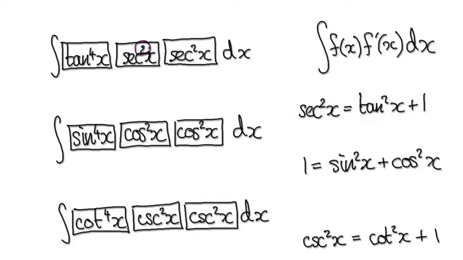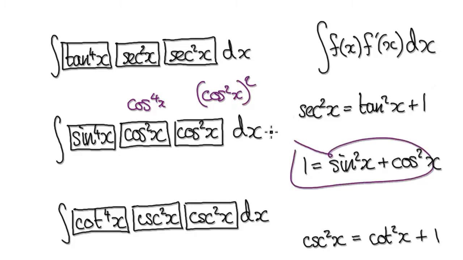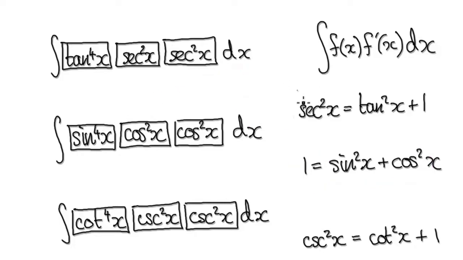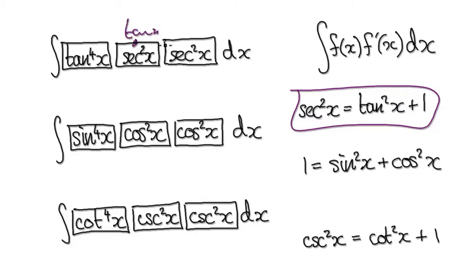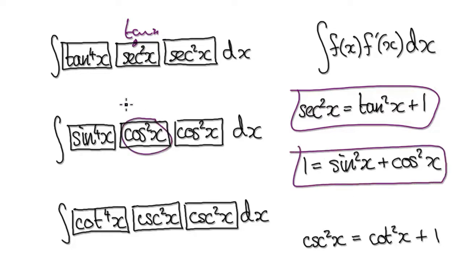So even if you have cos to the power of 4, you can rewrite it as cos squared x, all squared, and then you can make use of this to convert it all in terms of sine. The point is that if you make use of this identity, you can convert this block into a block containing sine only.